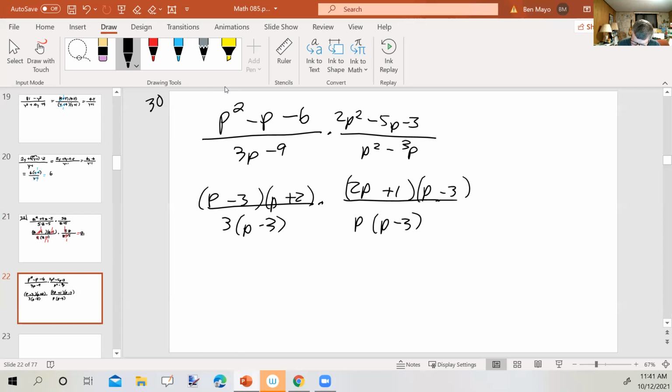Would that do it? 6, that will do it. So now the p minus 3's reduce out. Some more p minus 3's reduce out. And I'm left with p plus 2 times 2p plus 1 all over 3p.